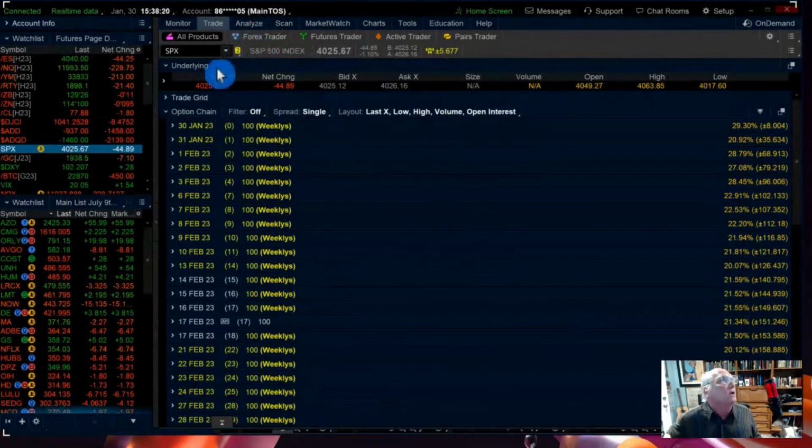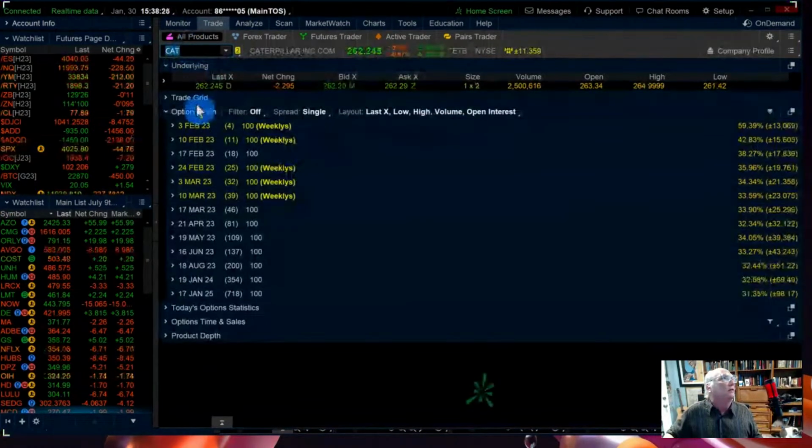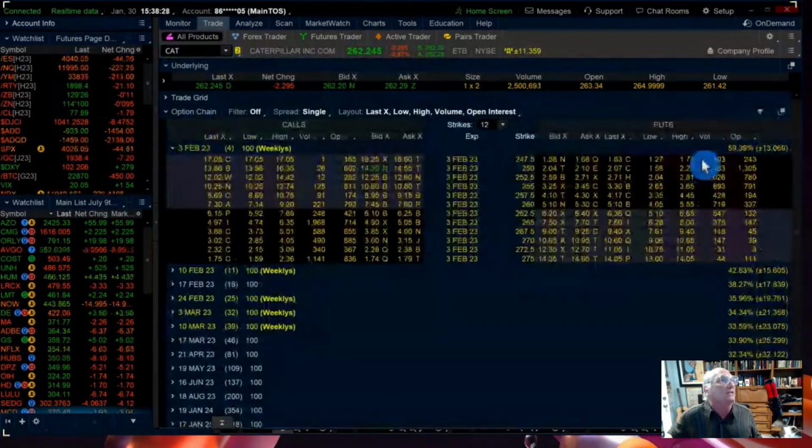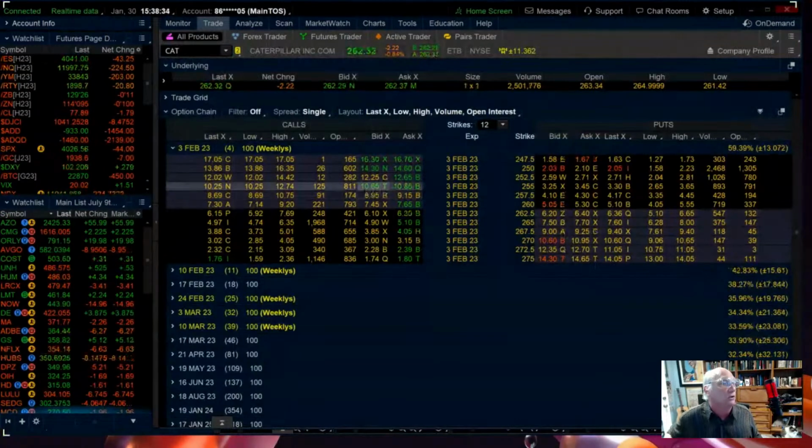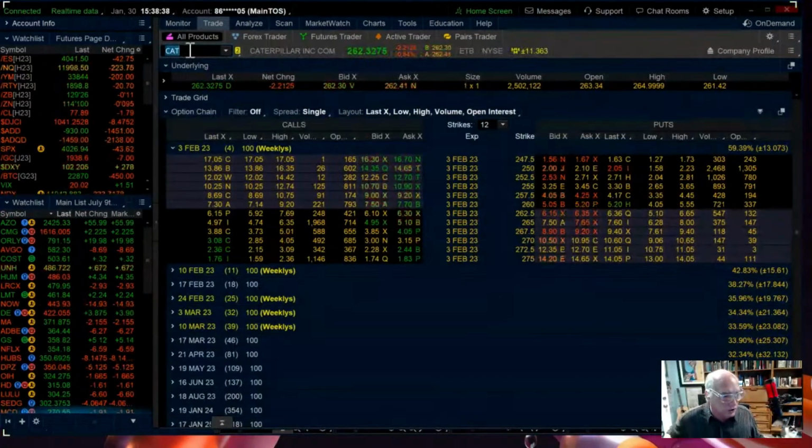But getting back to it, unusual option activity. What do I mean by that? Well, Caterpillar has earnings. Their close-in stuff has a lot of puts and a lot of calls. That doesn't help me at all. So just keep that in mind. But this is the one that stuck out.